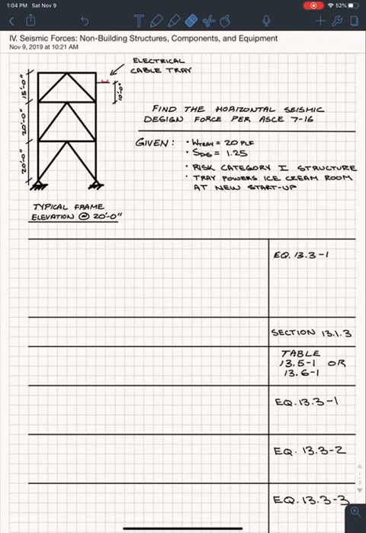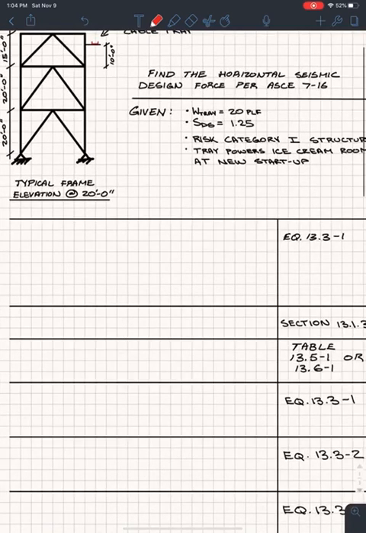Okay. So the way you start out this calculation is head over to chapter 13. You'll find equation 13.3-1, which looks something like this.